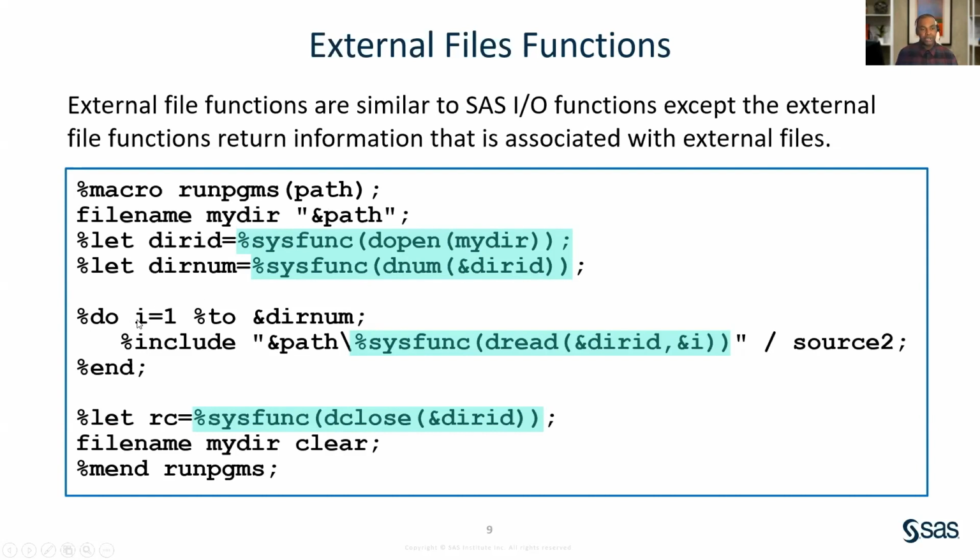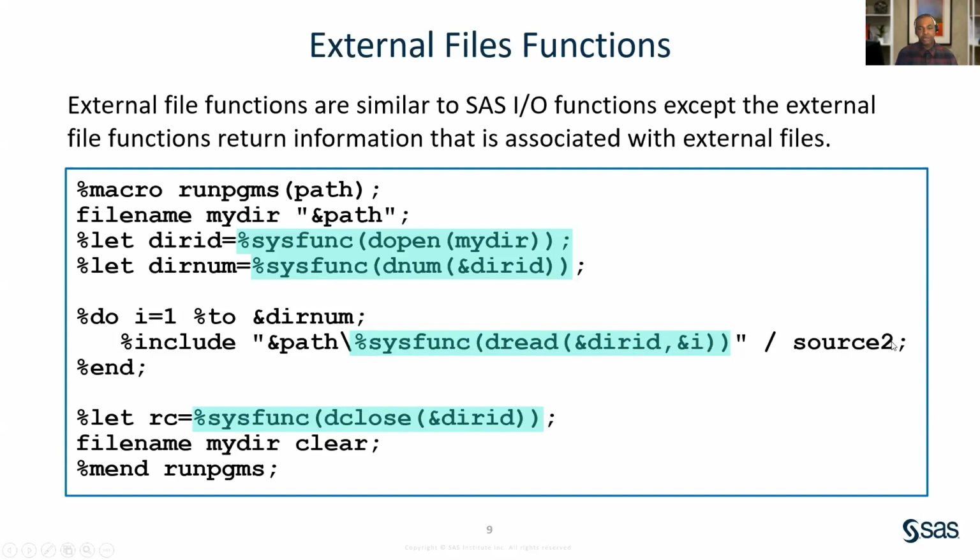I could do a %do i equals 1 %to however many I have, and I'm going to do a %include on the path I specify when I call the macro program. Use %sysfunc to do a dread on that directory ID for the first member of that directory.